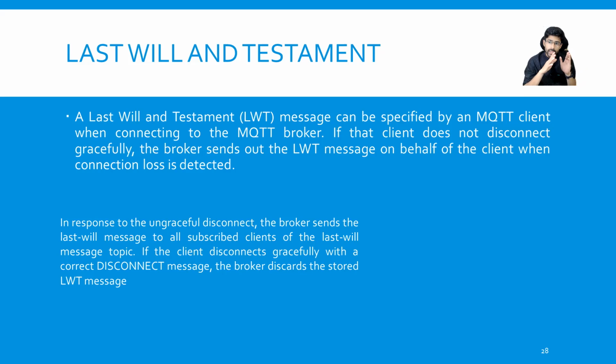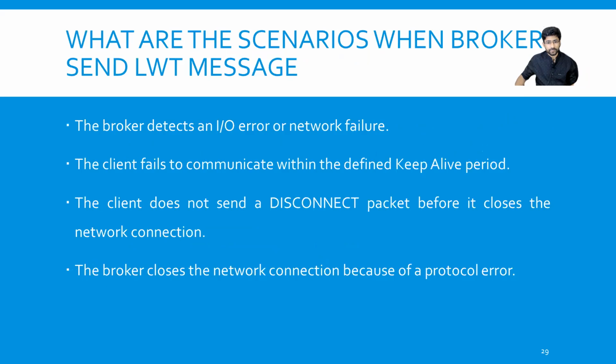This is a very important feature in MQTT whenever you have to debug from which source there are problems: there are thousands of devices, but 5 devices are not coming. You can easily understand that, okay, these 5 particular devices have sent the last will payload. With that particular will payload, you can easily identify that out of 1,000 devices, 5 devices have stopped sending the data. So this plays a very vital role in debugging.